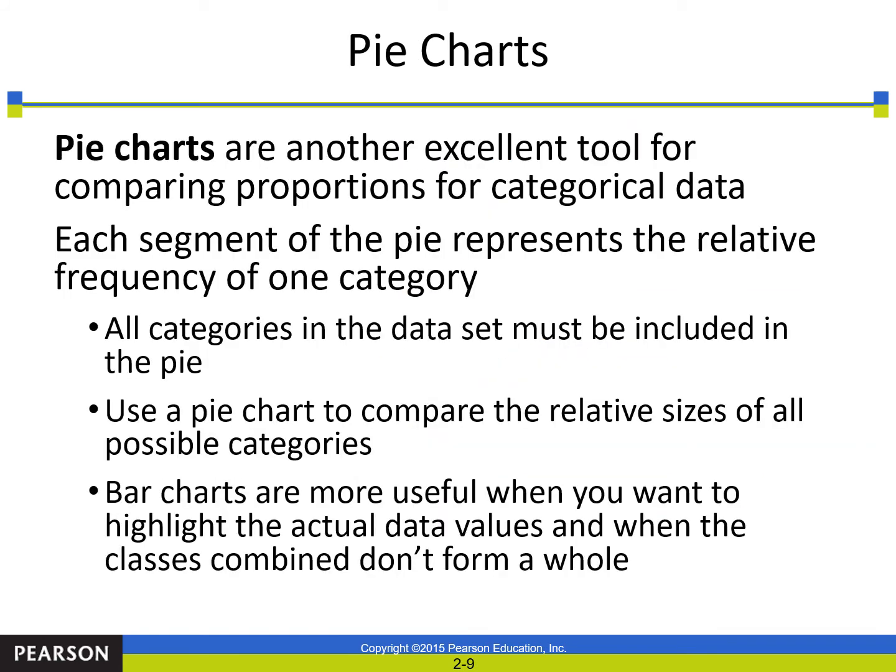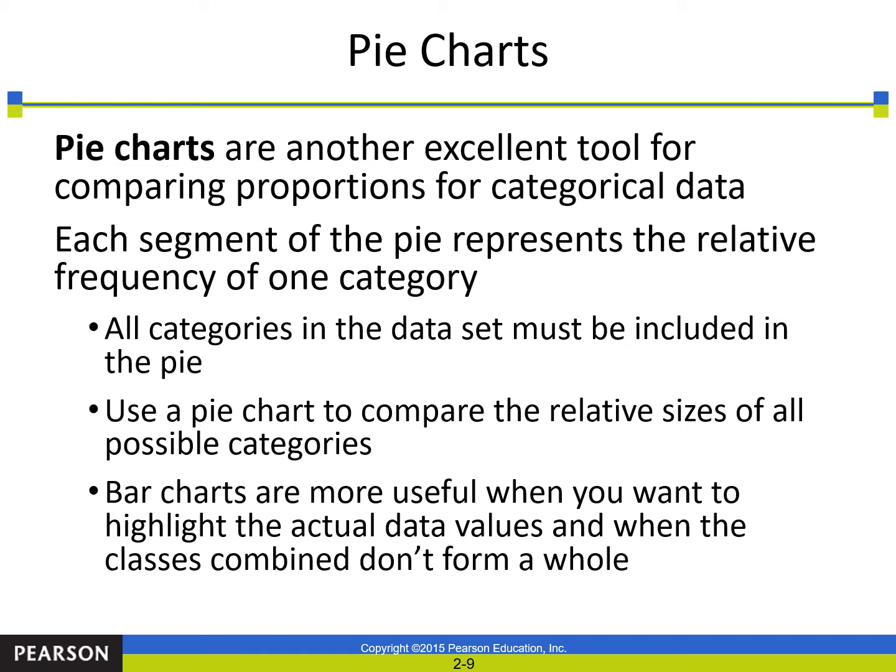The next method of displaying categorical data is probably the most familiar to most students in the class, and it's pie charts. It is an excellent tool to compare proportions of the categories that we're dealing with, and we just need to keep a couple of rules in mind. All of the categories in the dataset need to be included in your graph.